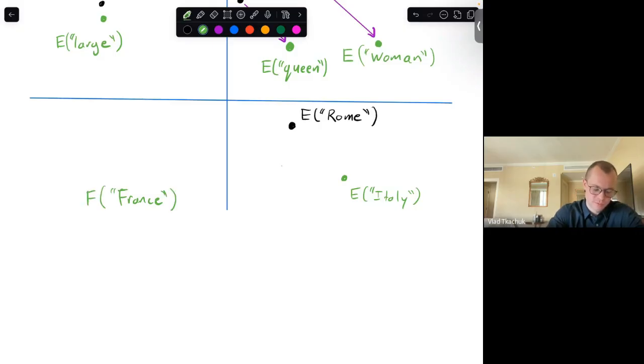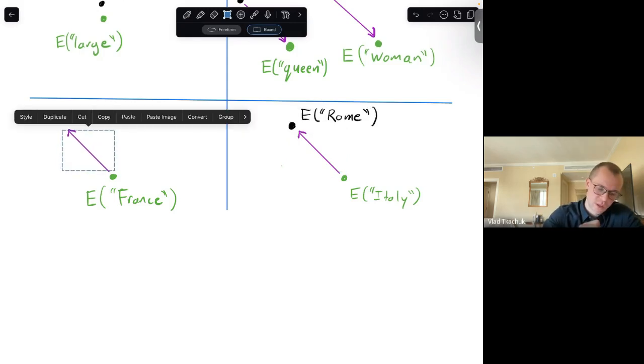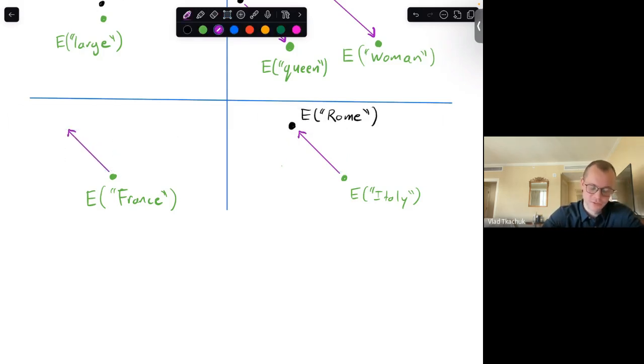It turns out this kind of vector direction, encoding capitalness, can be captured by just checking what this vector difference was, and then taking that vector difference and adding it to France. If you add that vector difference, the vector you end up with should be very close to the embedding of Paris, which is the capital of France.